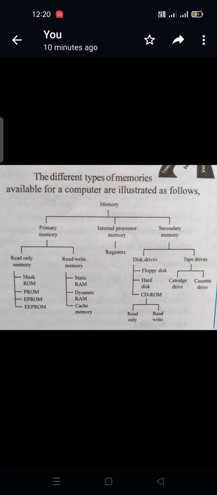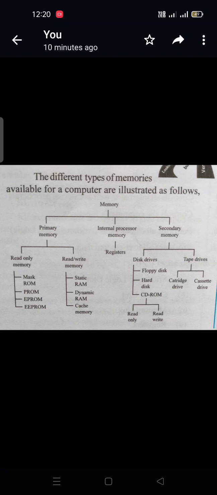Now about programmable read-only memory. Programmable read-only memory is used in electrical devices like calculators, which automatically execute their program. Once a program is written, it cannot be changed, but it can be used as many times as needed.